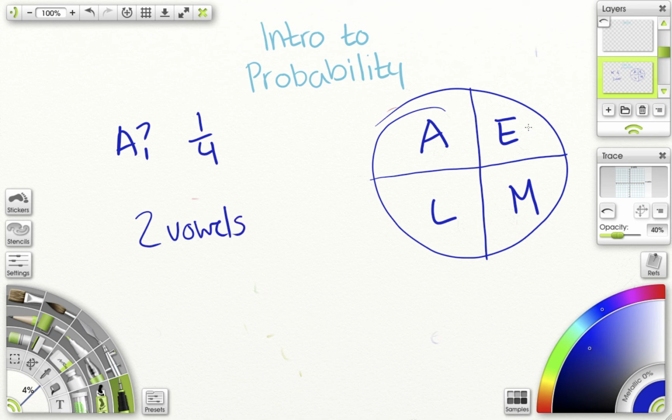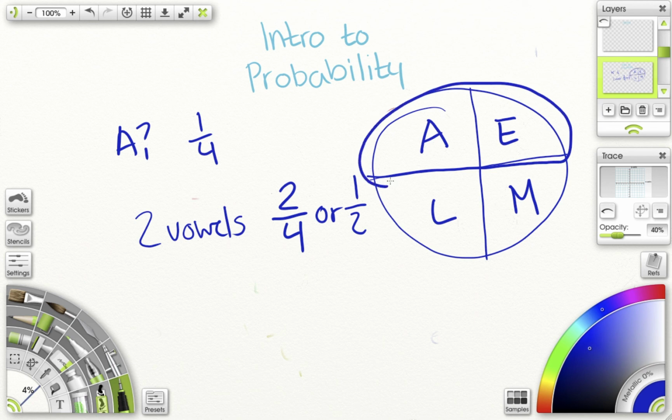Well, there's 2 vowels out of 4 sections, so technically it's 2 out of 4, or what's an equivalent to 2 out of 4 is 1 out of 2, because you see these 2 vowels here, they take up half the circle, so I have half a chance of landing on a vowel.